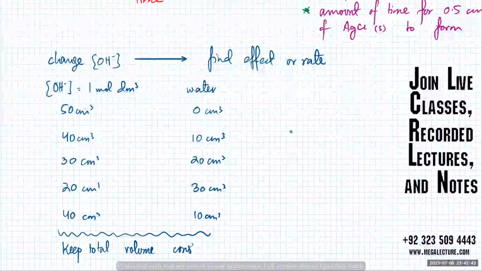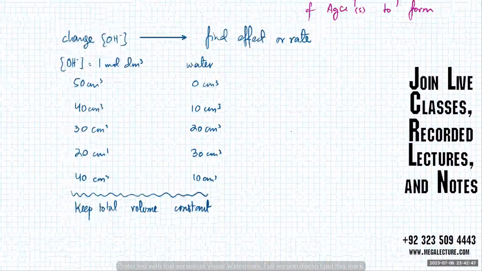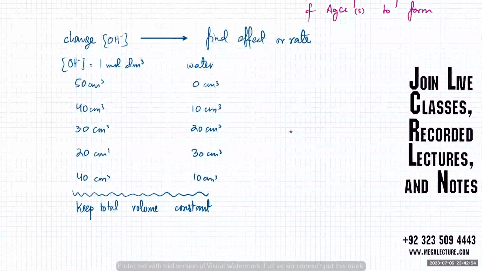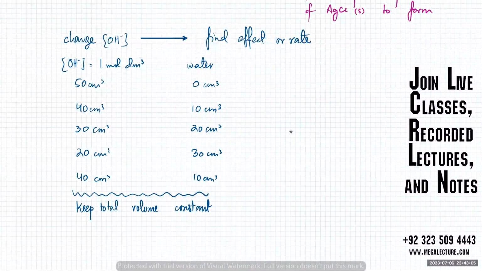That's very important, because if you keep the total volume constant, then the other reactants' concentration is not affected. If you remember, concentration is moles over volume. You don't want the volume to change for the other reactants because then their concentration gets affected.